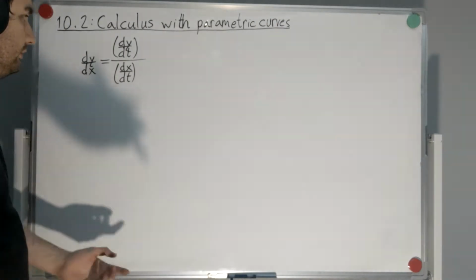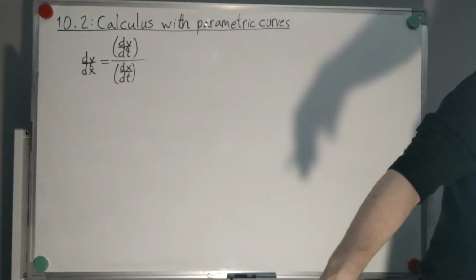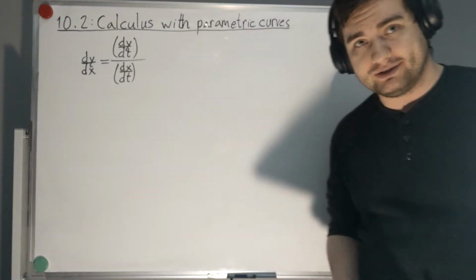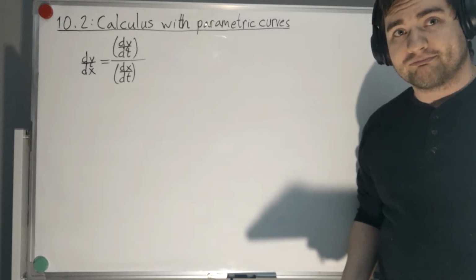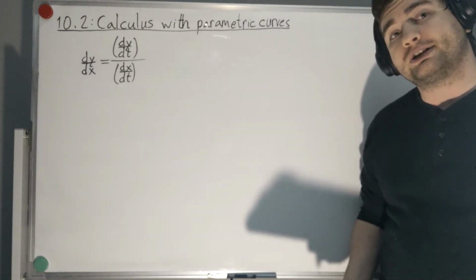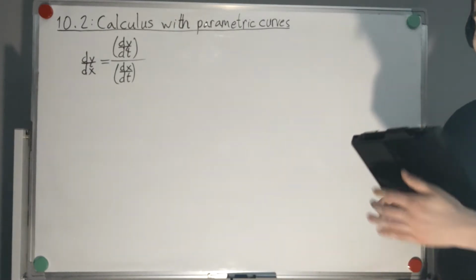That will give you the slope of the tangent line, provided dx/dt is not 0. If dx/dt is 0, then this is undefined. Which, by the way, if the slope of the tangent line is undefined, that makes the tangent line vertical, which can happen.